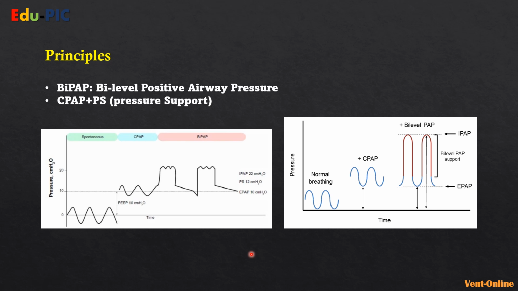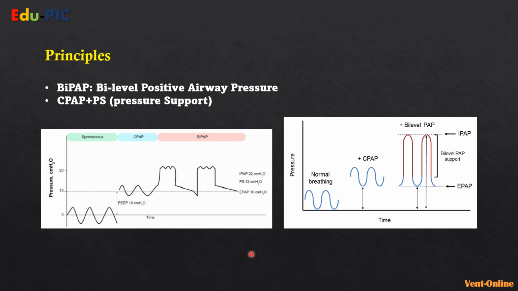The difference between BiPAP and CPAP with pressure support is basically the mechanism of how these breaths and how that top pressure is being given from a cycling point of view, where the BiPAP is generated by a set rate. You set a rate and that rate is driven. So if you set a rate of 20, then you're going to give 20 breaths. If you set 40, then you're going to give 40.